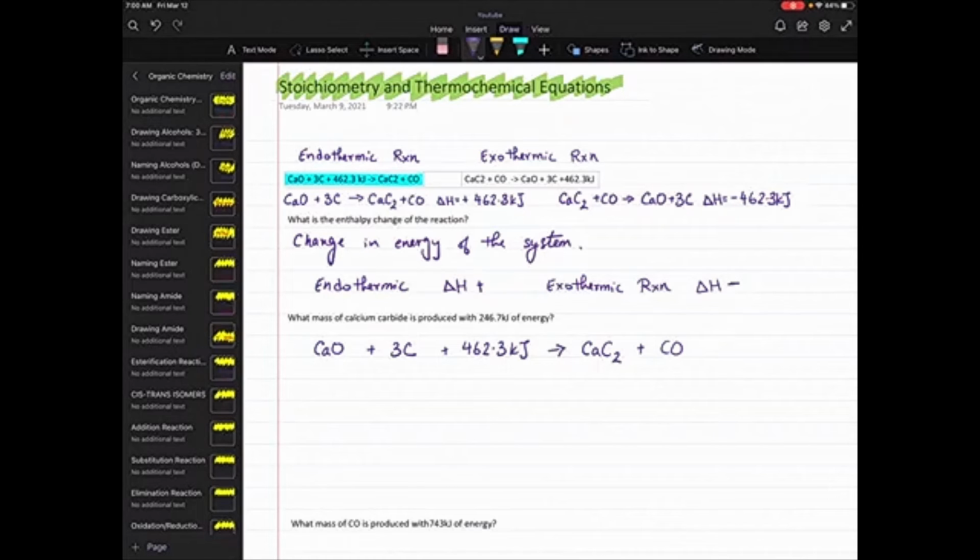Right away, we can see that we will be able to produce less than a mole, because to produce 1 mole of calcium carbide, we need 462.3 kilojoules of energy, and we don't have as much. So we will be making less than 1 mole of calcium carbide.